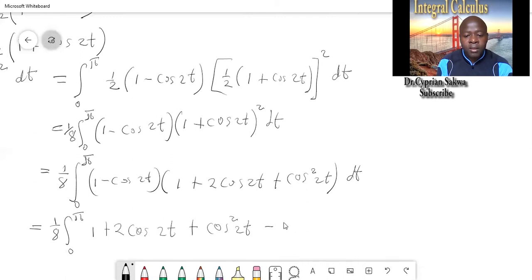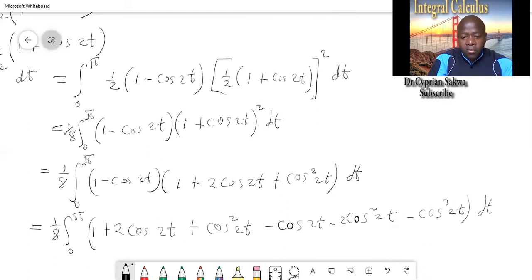This one times that is negative cos 2t. Then this times that is minus 2 cos square 2t. And then this times that I have negative cos cubed 2t dt.